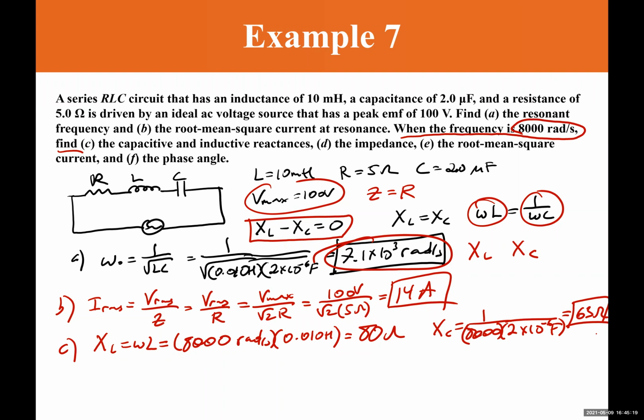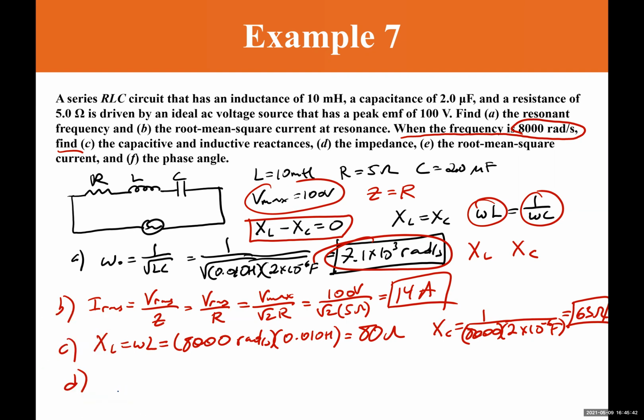That means we can assume that at any frequency larger than the resonance frequency, the inductive reactance will be higher. At any frequency lower than the resonance frequency, the capacitive reactance will be higher. That's also another thing you can use to verify, because our resonant frequency is 7,100 and this is 8,000, higher than the resonant frequency.